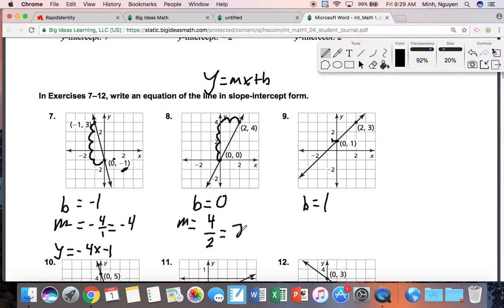So m is equal to 2. And lastly, we have up 1, 2, and over 1, 2. So m is 2 up, 2 over. So m is just equal to 1.